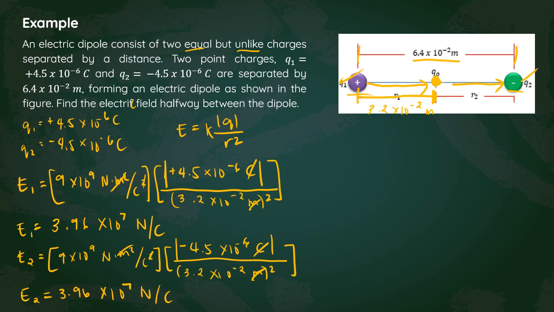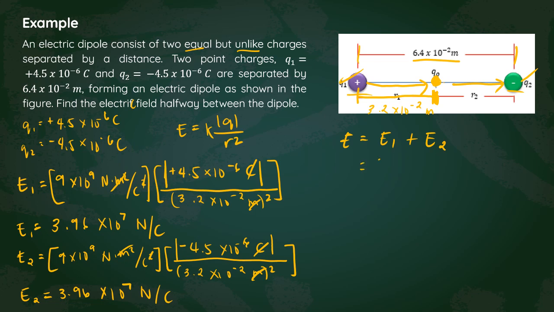So if that's the case, since both of them are going in the same direction, the vector sum of the electric field experienced at this point, midway between the positive and negatively charged particle, is E1 plus E2.